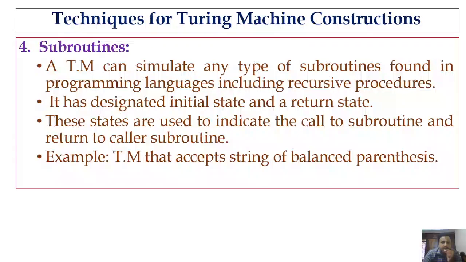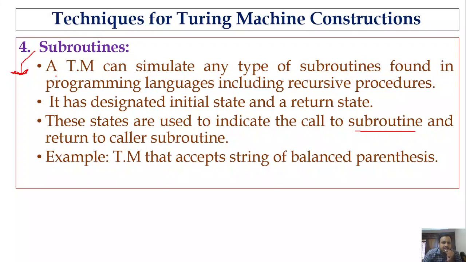Next, subroutine. Any subroutine can be simulated by using a Turing machine. If you have a subroutine that performs multiplication, then that subroutine can be represented by a Turing machine. In that Turing machine, some of the states indicate a call to a subroutine, and some of the states act as a return state.